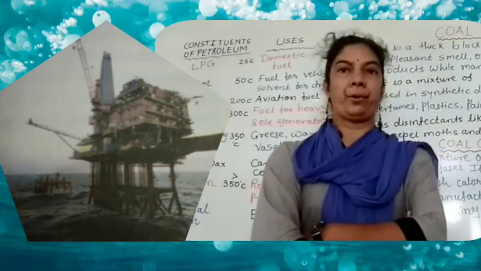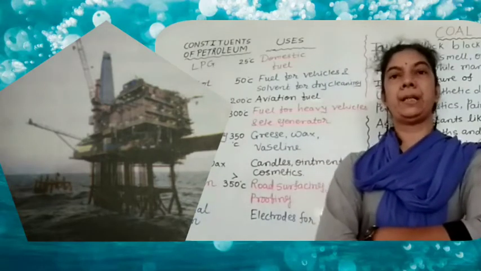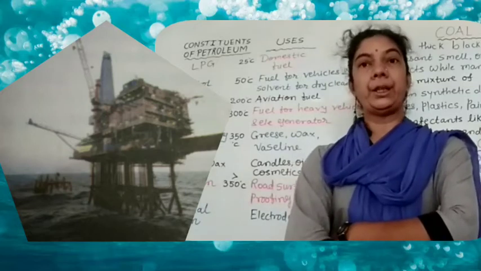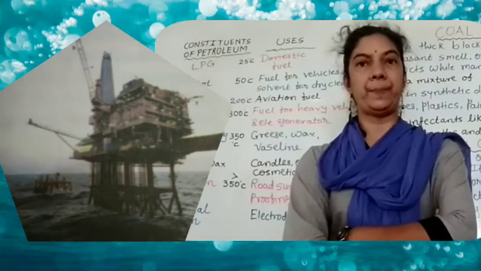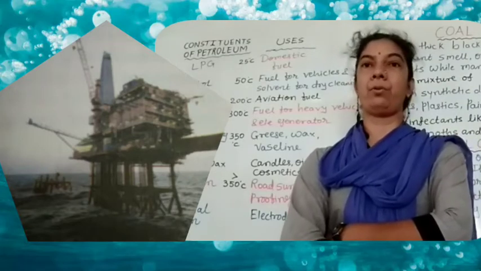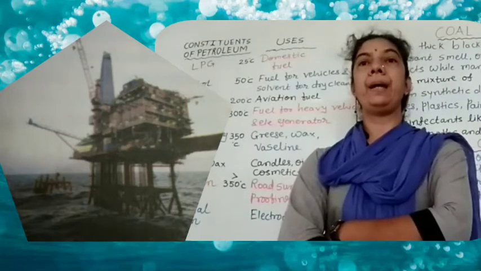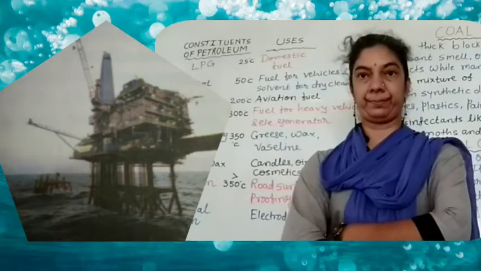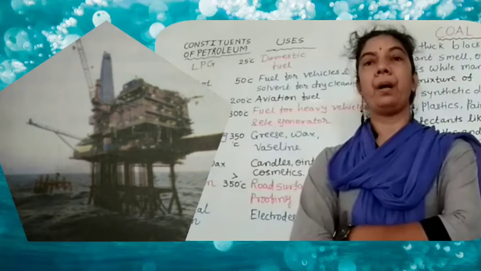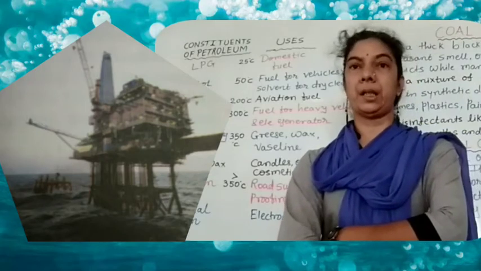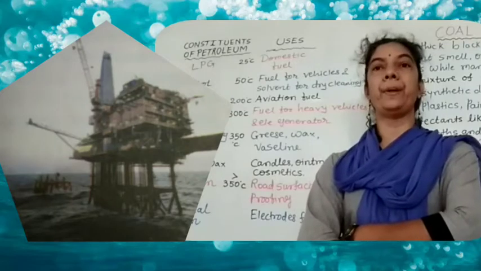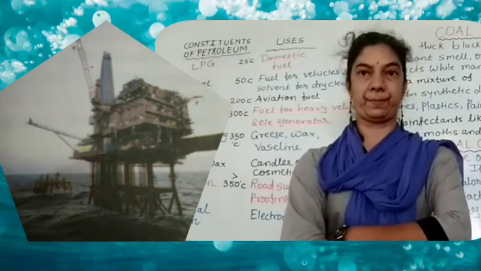Extraction of petroleum is done from its reservoirs. Reservoirs are the places where we are getting abundant amount of petroleum and natural gas. These reservoirs are deep under the earth's crust between the layers of impervious rocks.